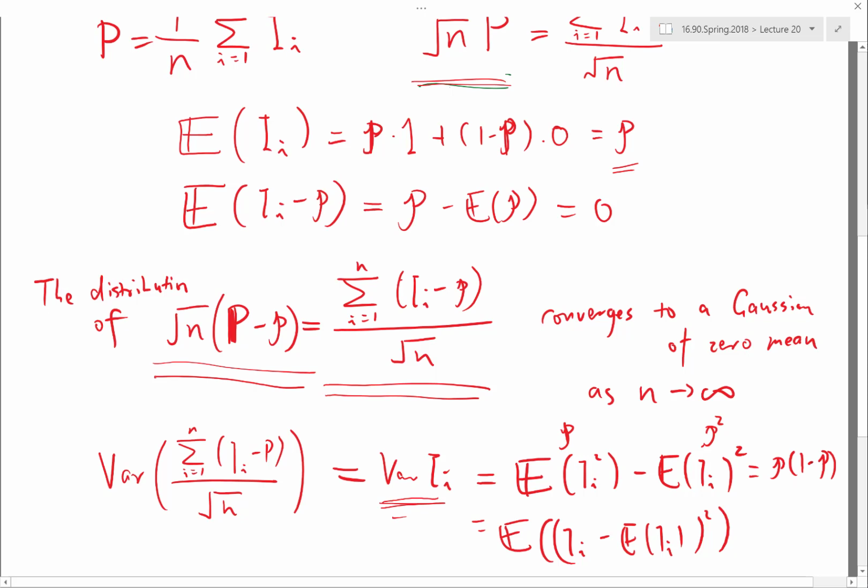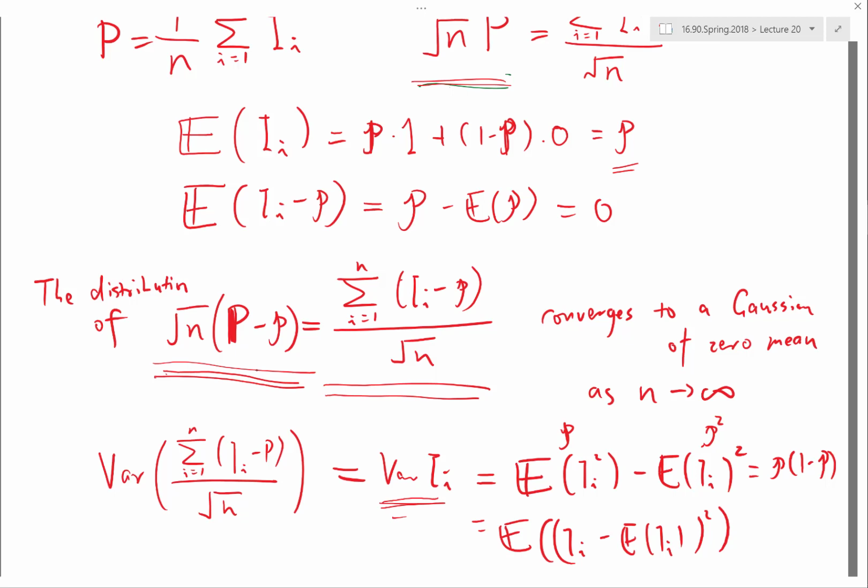So the conclusion is that not only do I know that the square root of n times (big P minus small p) converges to a Gaussian, I know it converges to a Gaussian of zero mean and a variance equal to that.